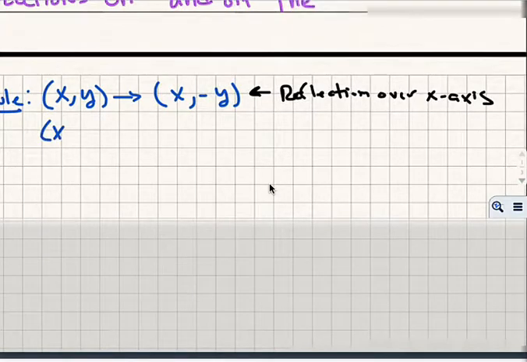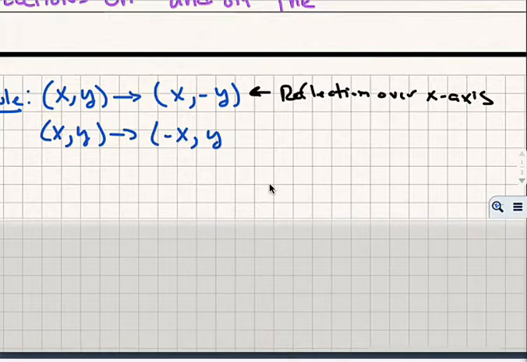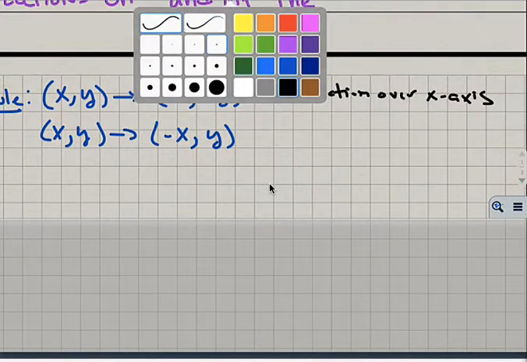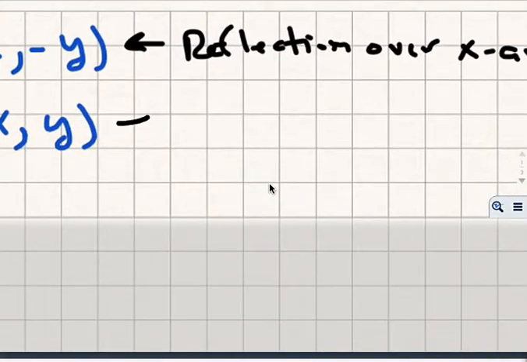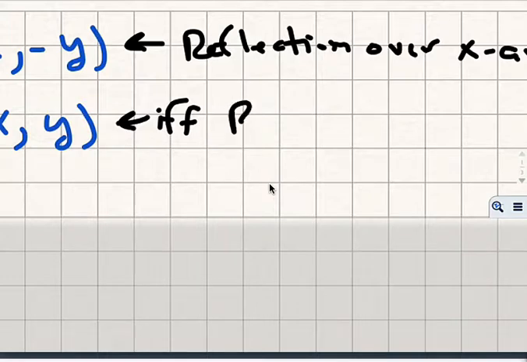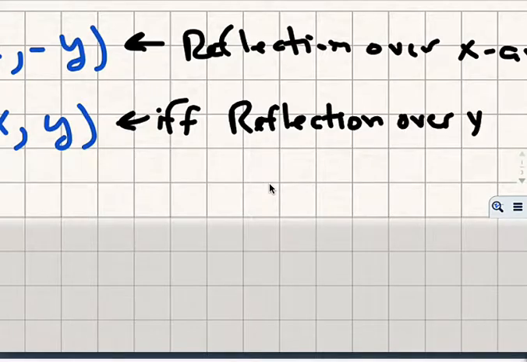So x comma y will travel to negative x comma y. And just like the other one, this is true if and only if, that's a common abbreviation for if and only if, it's a reflection over the y-axis.